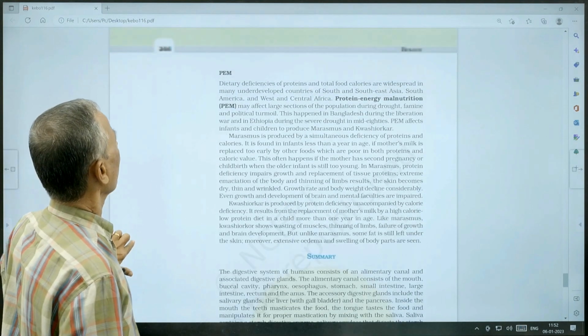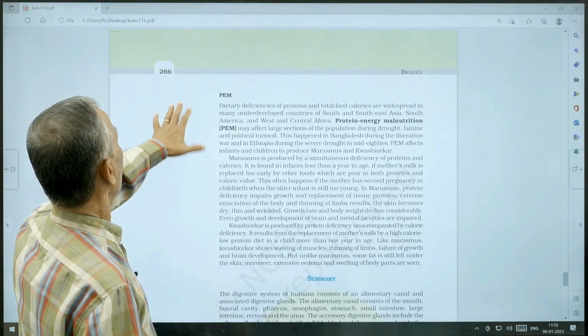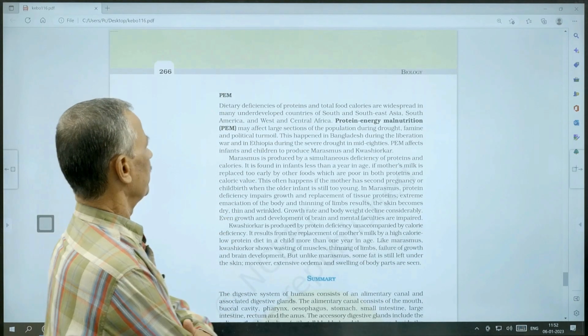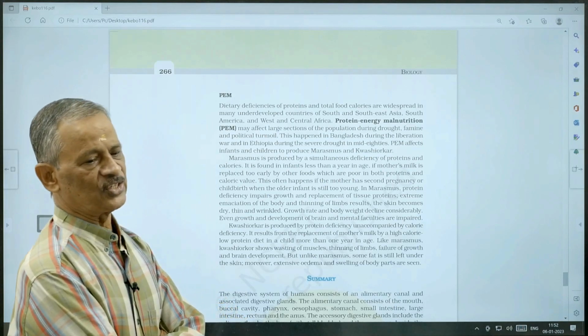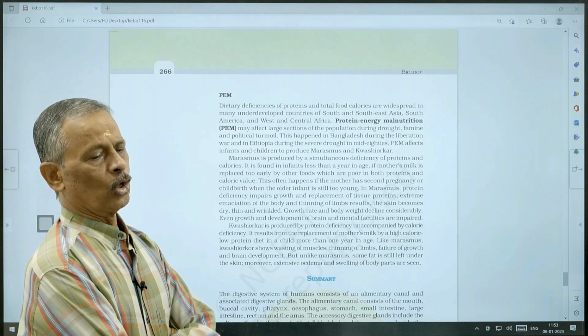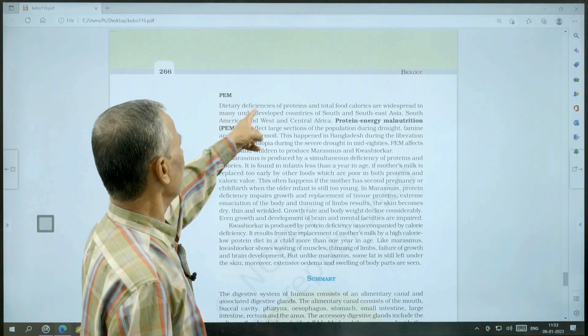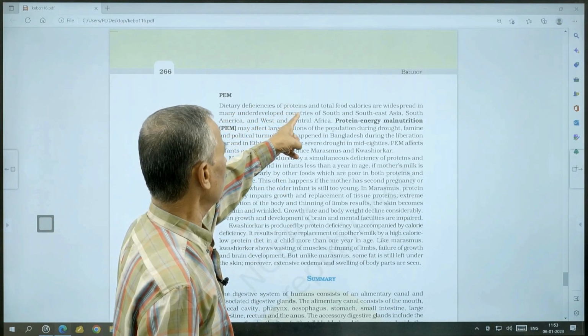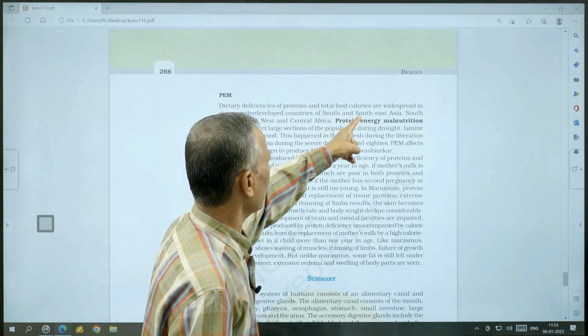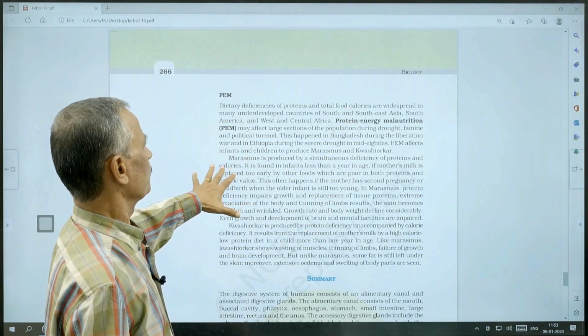Okay. Then we go to the last part of our chapter, namely deficiency of nutritional or dietary materials. Dietary deficiencies of protein and total food calories are widespread.